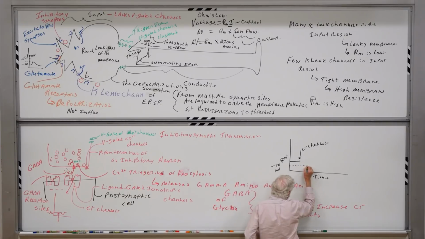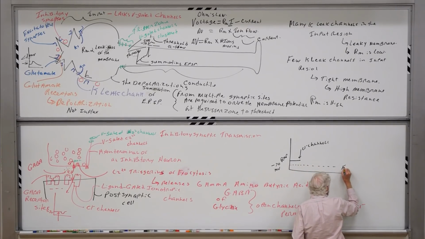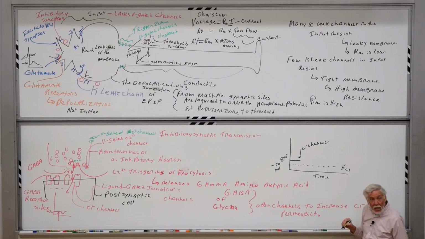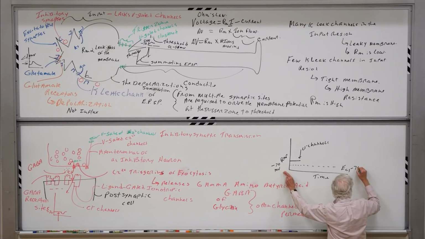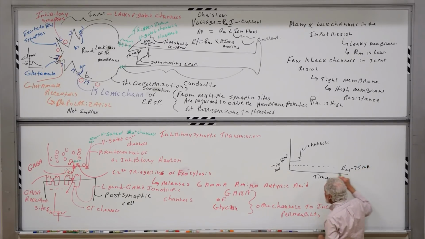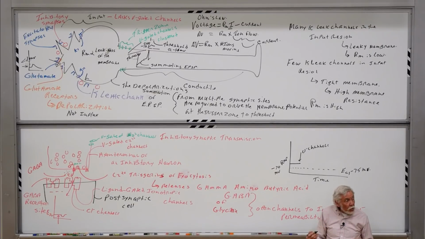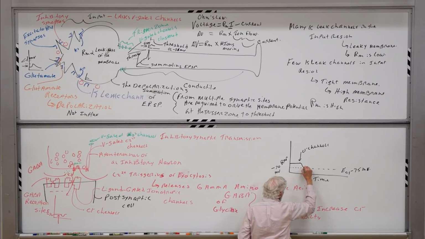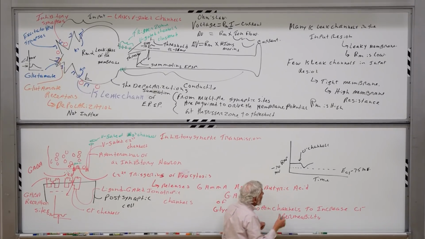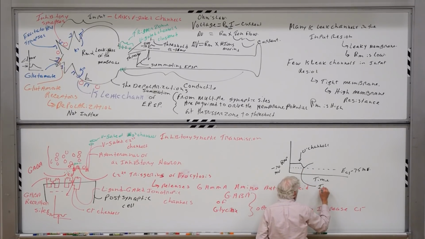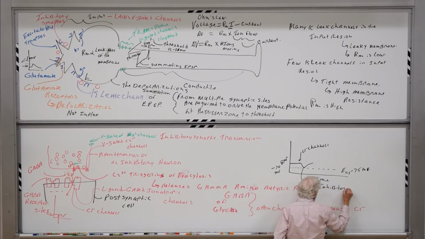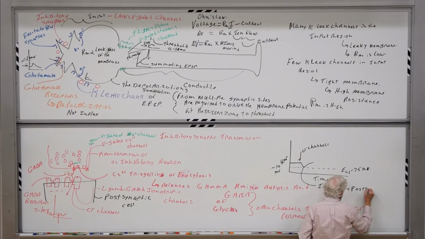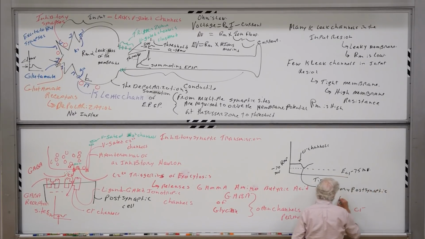And if this dotted line here represents the equilibrium potential for chloride, say minus 75 millivolts, then the membrane potential seeks the equilibrium potential for the ion whose permeability is dominant. This membrane potential is going to be headed toward minus 75 millivolts. Let me give this a name, this is called an inhibitory postsynaptic potential.